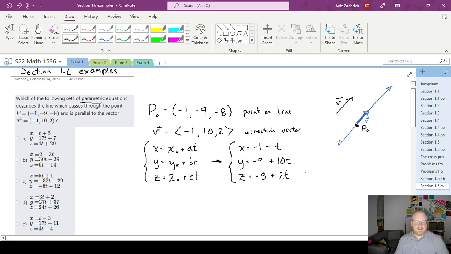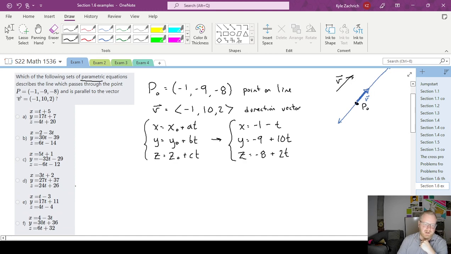Okay, so right off the bat, if we find this exact set of 3 equations somewhere in our answer choices, then we are done with the problem. I say if, because we're probably not going to find that exact value here. In fact, looking for just one, -9, -8, no, I don't see those numbers anywhere on here. Okay, so we're going to have more work to do here.